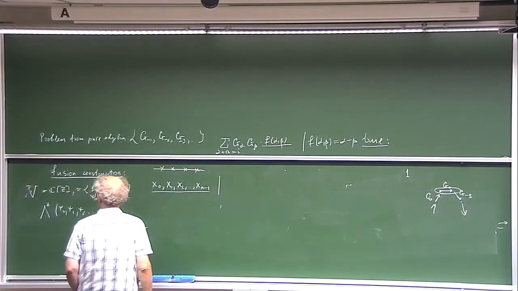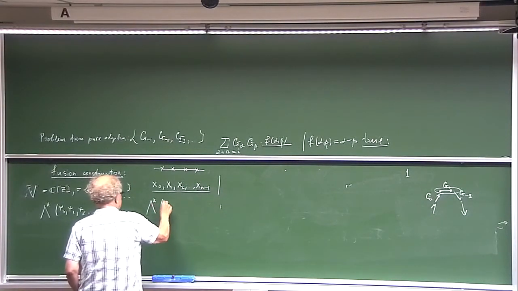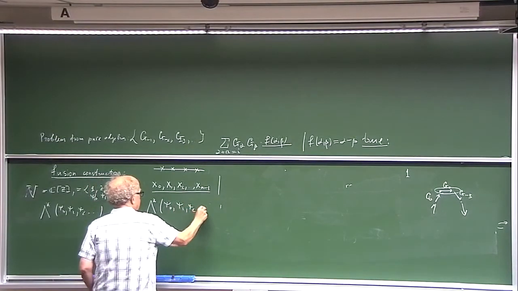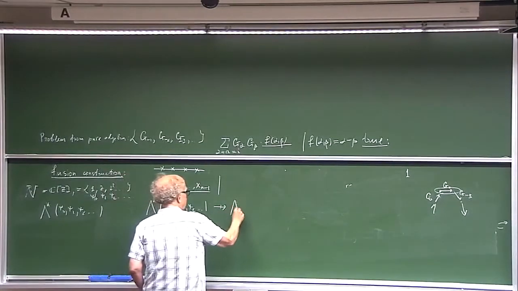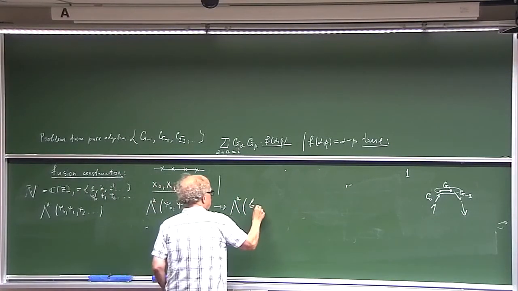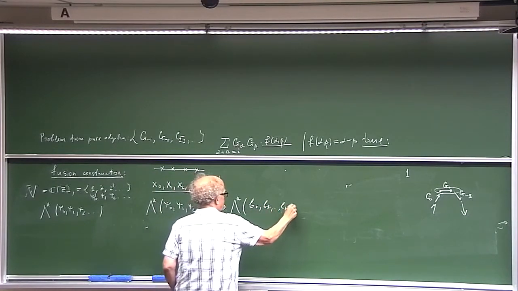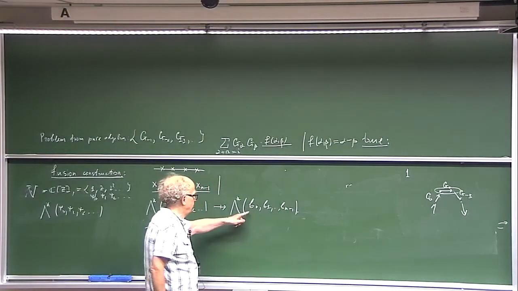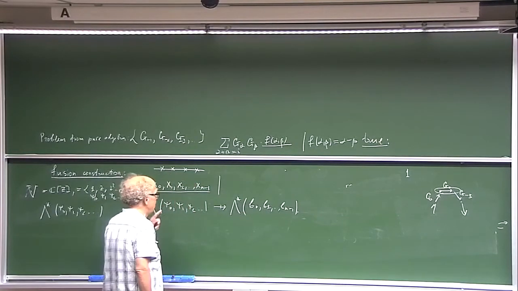First of all, I want to say that the Grassmannian algebra psi0, psi1, psi2, and so on, goes to the exterior algebra of some generators B0, B1, and so on, B n minus 1.